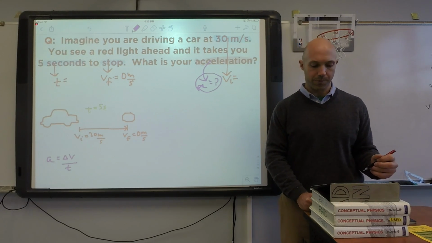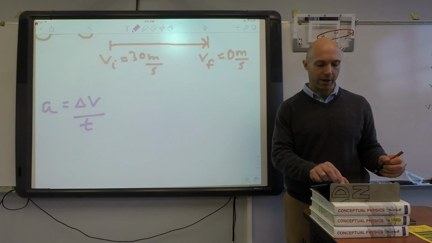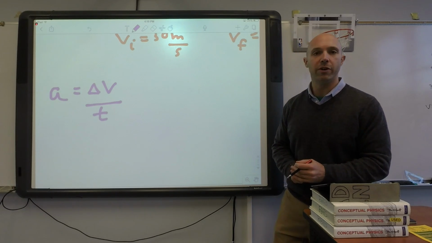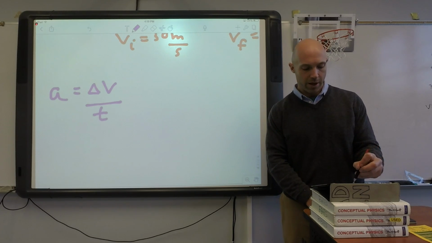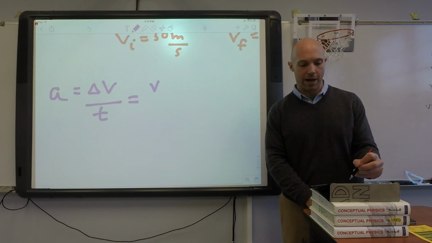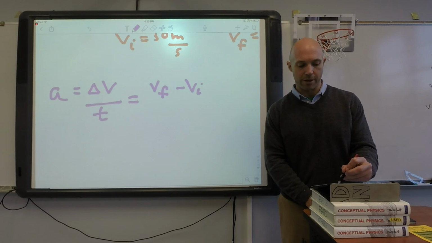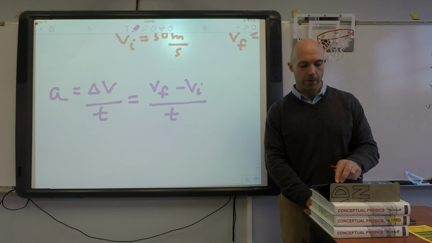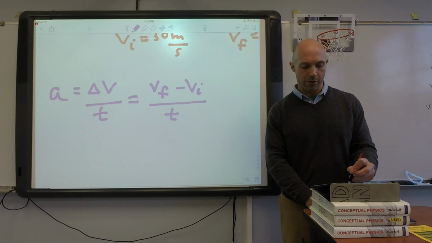Well, now we do. We can connect down here to our formula that a equals change in v divided by t. If we go further, that means the change in velocity is the final velocity minus the initial velocity, divided by time. We can go underneath that and say, okay, cool.